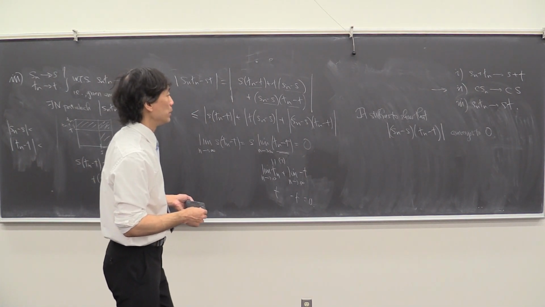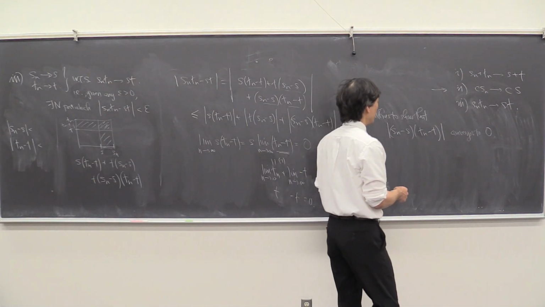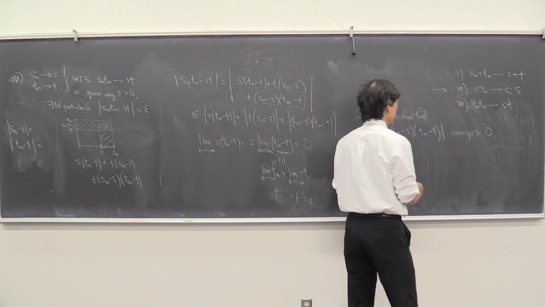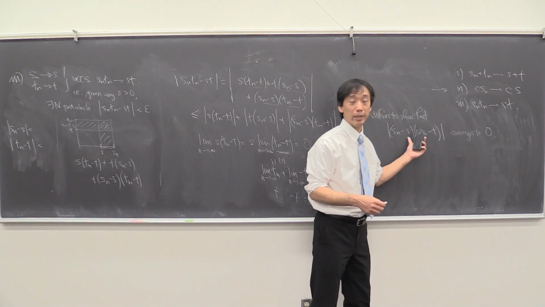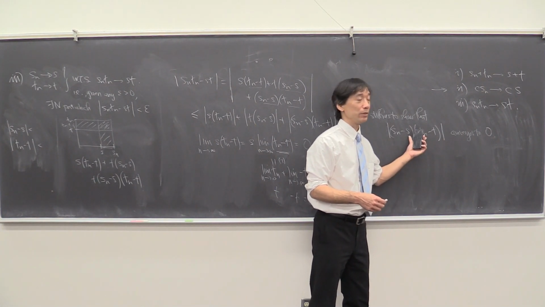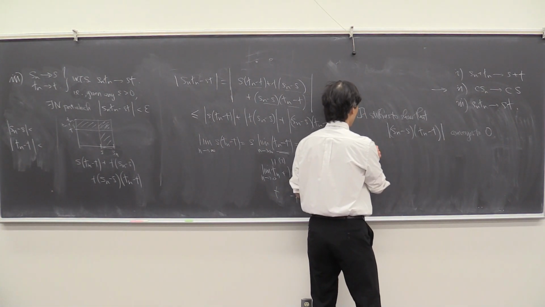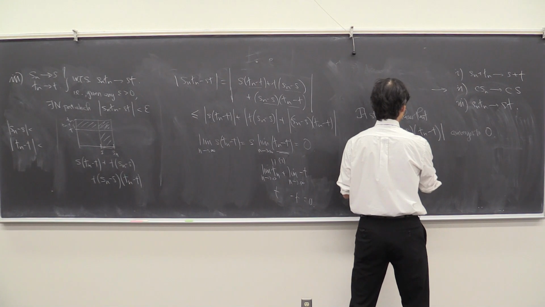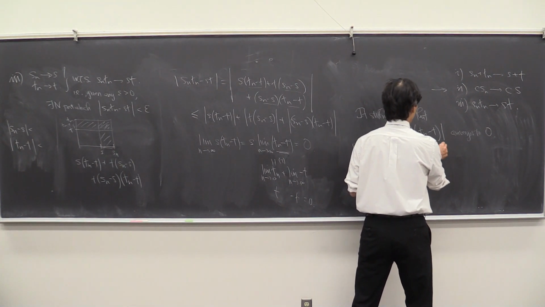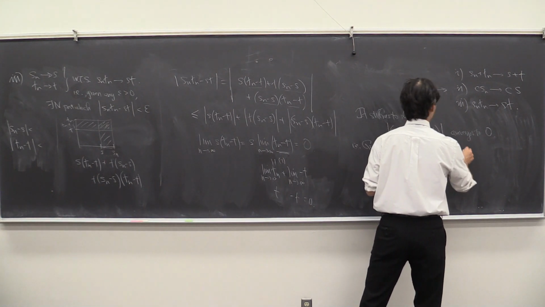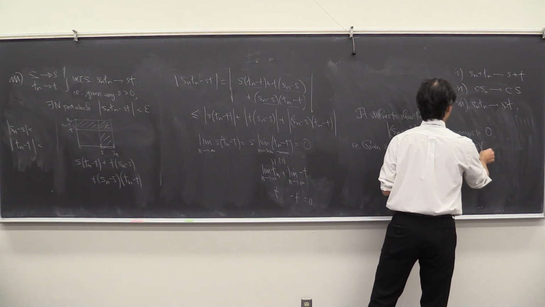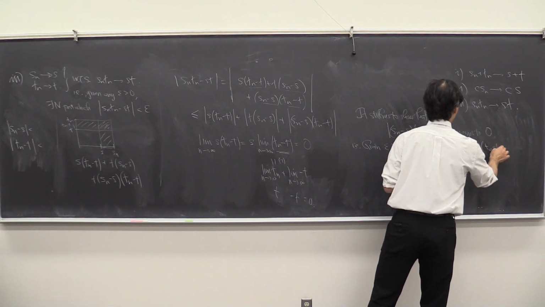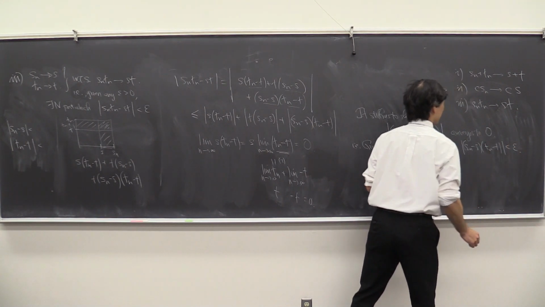That is, we need to see that we can make this smaller than whatever epsilon. So given epsilon greater than 0, we want an n past which this thing is smaller than epsilon.